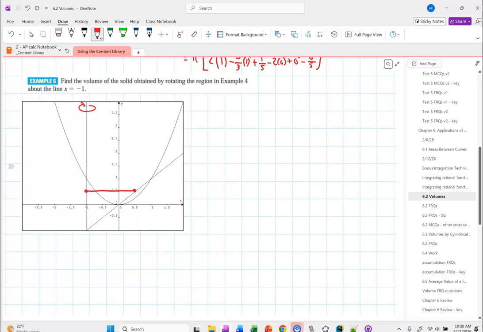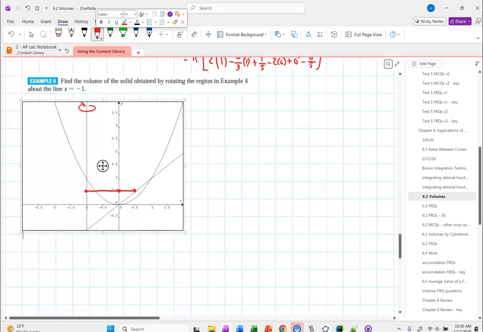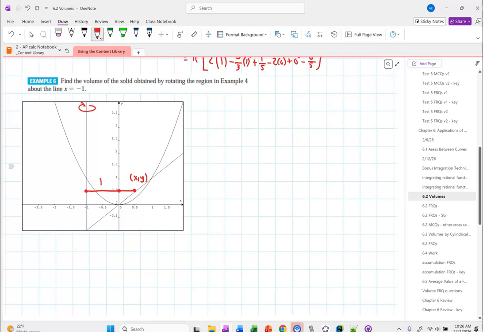Okay. So from here to here, the distance is 1. And if this is the point x comma y, from here to here, that distance is x. So my R inner is going to be 1 plus x.